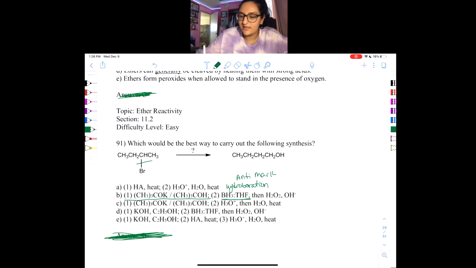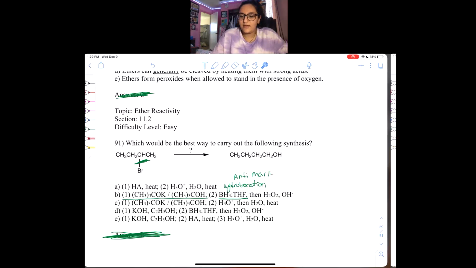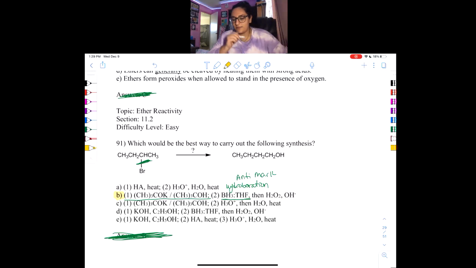Yes, it does, because if we form a double bond here and perform an elimination, and then perform some kind of hydration reaction where we add an OH, the OH would prefer to be in the middle here, not on the least substituted side. So if we have a primary alcohol, that means we had to do a hydroboration and have an anti-Mark addition. So for that reason, B is going to be the correct answer.